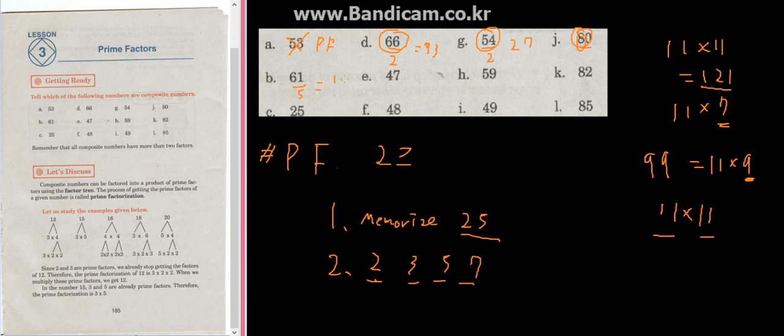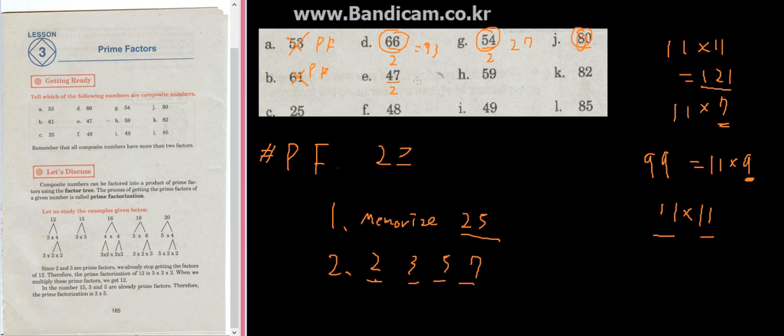This again, no. 12.2, and this is a decimal anyway. We don't want decimals here. How about 7? This is 8 and 5 over 7, and this is a fraction. We don't want fractions, so this is pretty much a prime factor. So this is not a composite number.